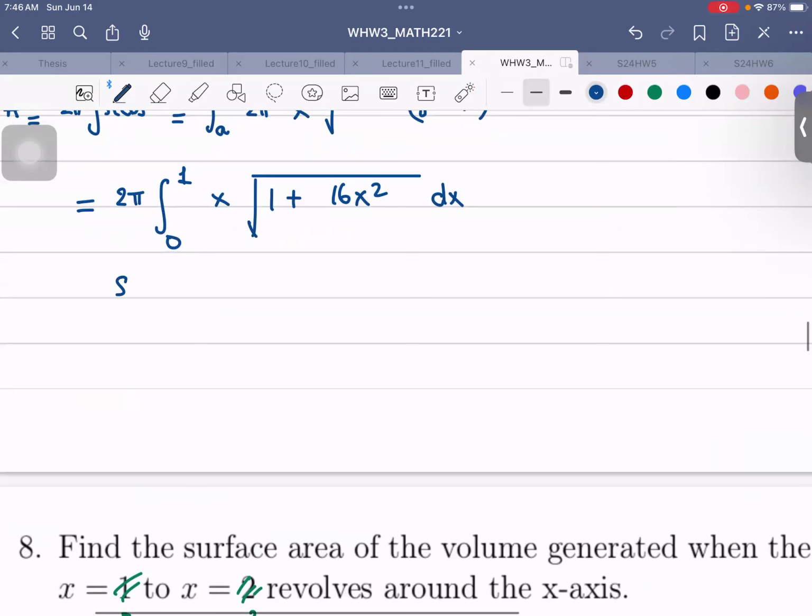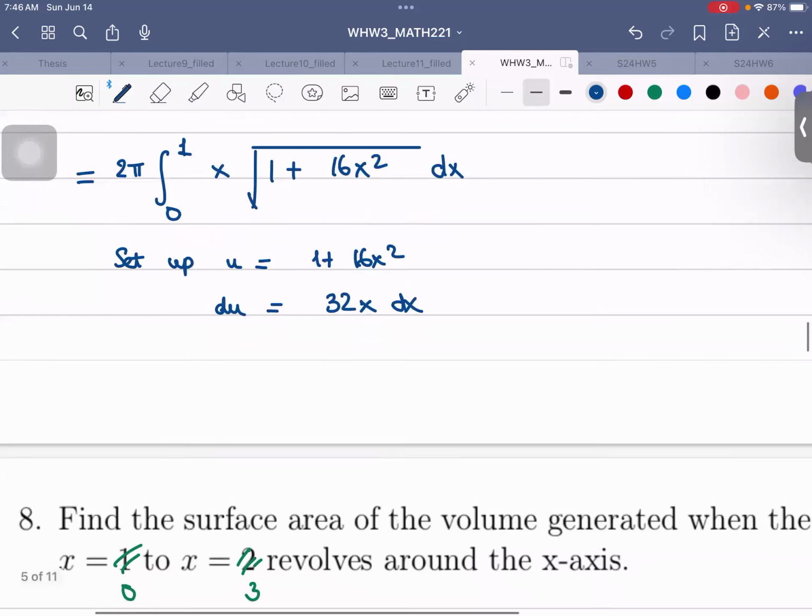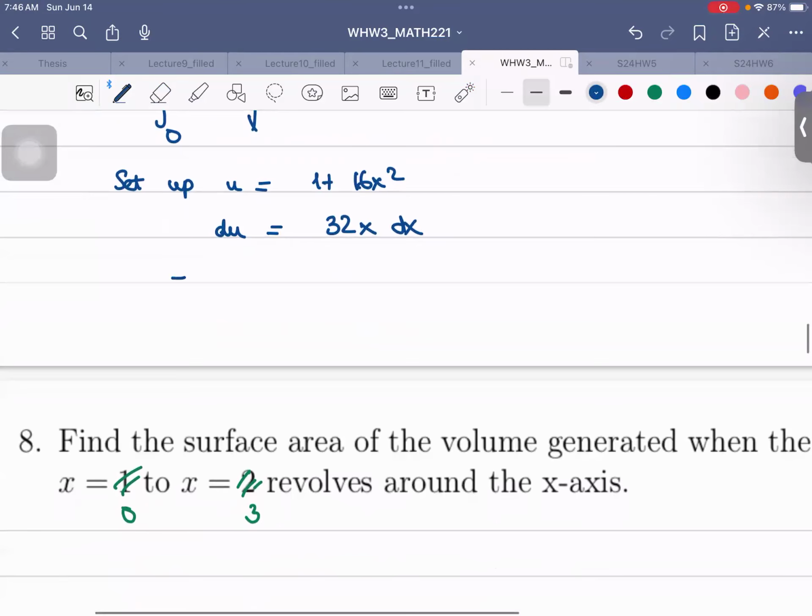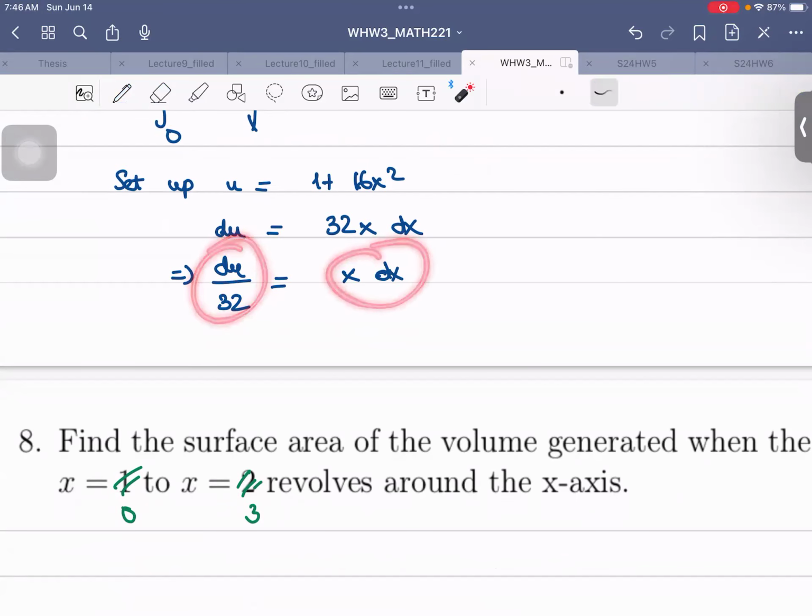Set u equal to 1 plus 16x squared. Therefore, du will be 32x dx. I will divide both sides by 32 so that I can rewrite x dx in terms of du.